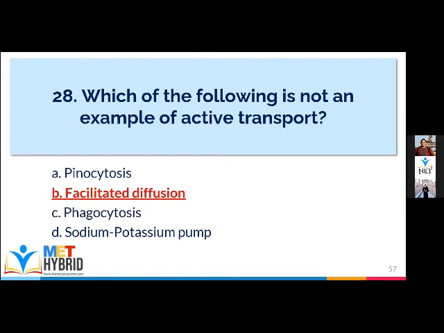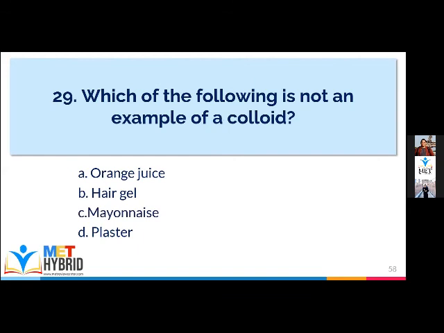So exo meaning from inside of the cell going out. So pinocytosis is cell drinking, meaning the material being engulfed is in liquid form. Phagocytosis is cell eating. So what is transferred into the interior of the cell are solid particles. So 28, letter B.